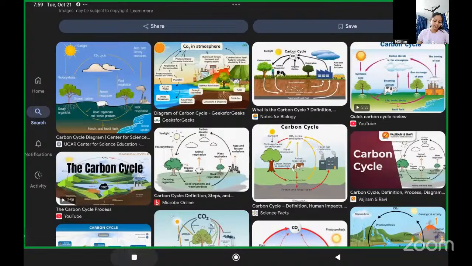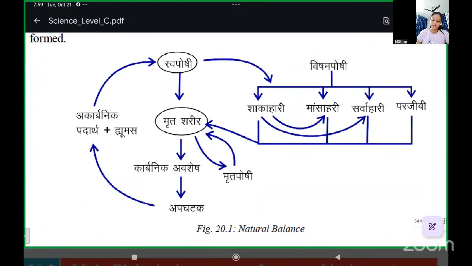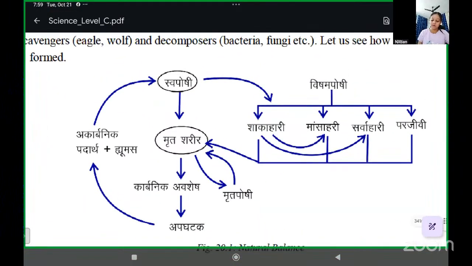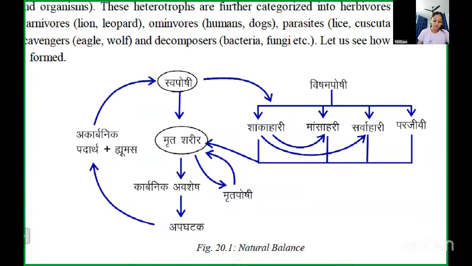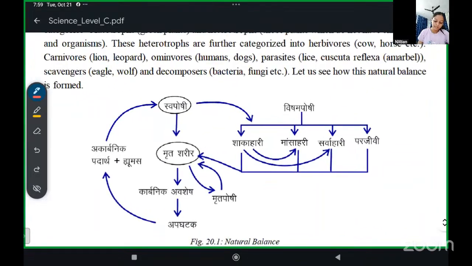Let me work out the cycle. I can see some words. These are the types of animals: herbivore, carnivore, omnivore, and parasites. This is the dead and decaying body of plants and animals.